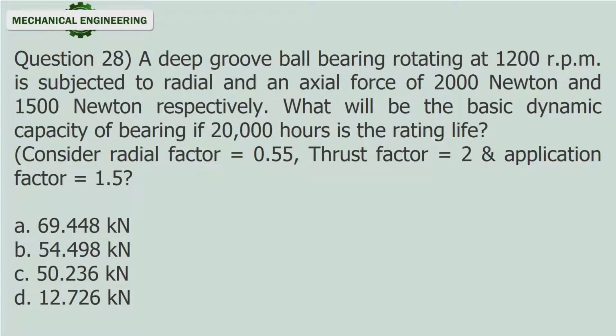Question 28. A deep groove ball bearing rotating at 1200 rpm is subjected to radial and an axial force of 2000 Newton and 1500 Newton respectively. What will be the basic dynamic capacity of bearing if 20,000 hours is the rating life? Consider radial factor equals 0.55, thrust factor equals 2 and application factor equals 1.5.